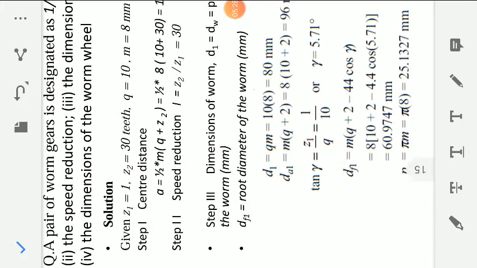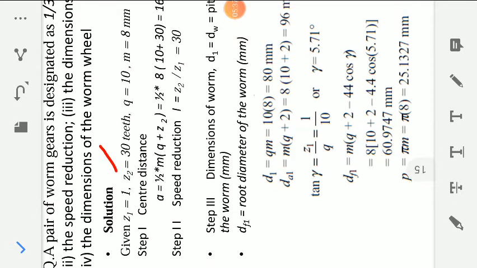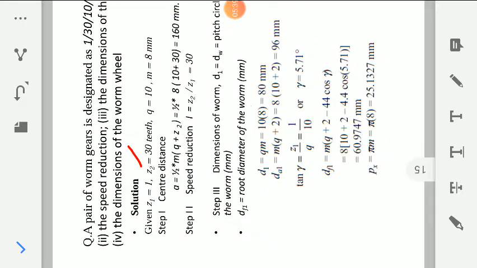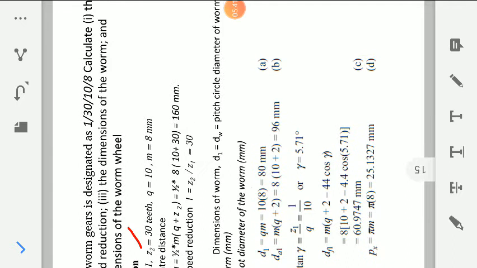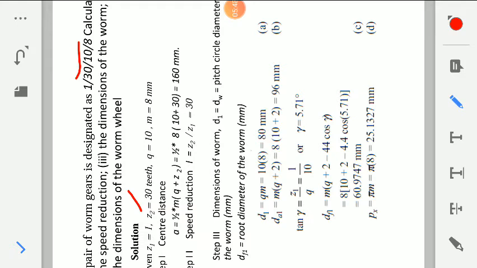So here you can see Z1, the number of starts, is equal to 1. From the nomenclature 1 oblique 30 oblique 10 oblique 8, the number of starts is 1, the number of teeth is 30, the diametral quotient is 10 and the module is 8 mm.